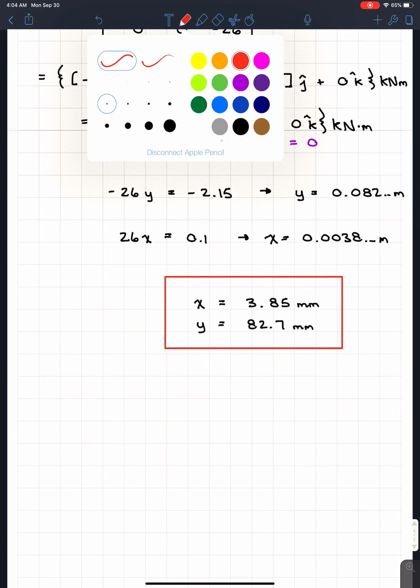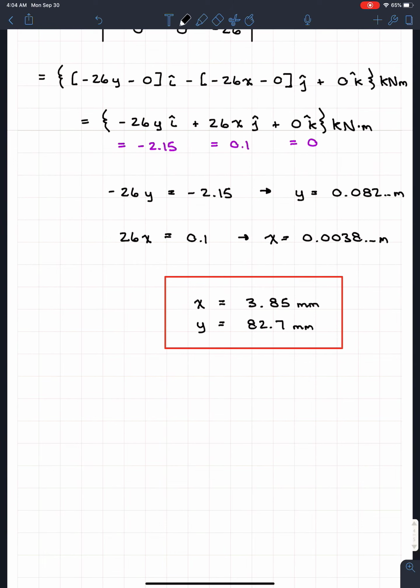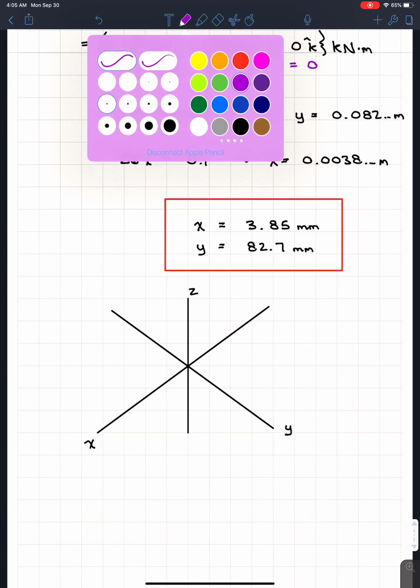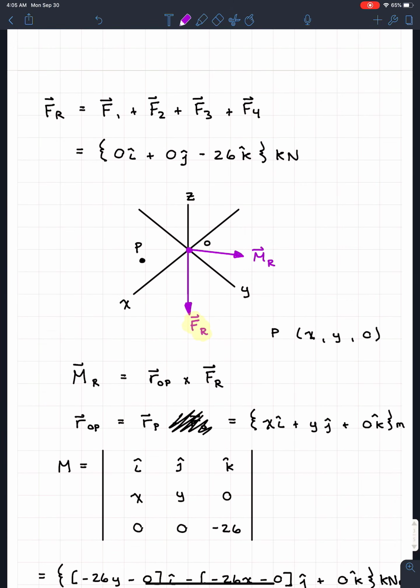But let's take it one step further, because they could ask what did we actually accomplish? What does this mean? If I were to draw the xy plane again, and yes, I hate drawing it this way, we have our z-axis, our x, and of course our y on the other side. Remember where we were at, where we had two vectors: a force resultant vector and a moment vector.